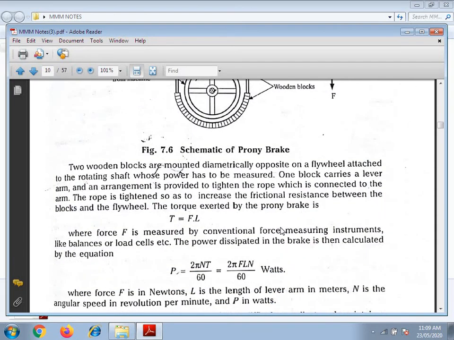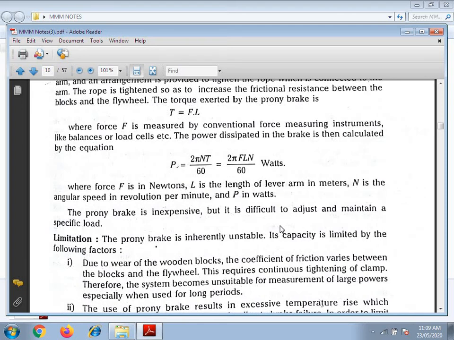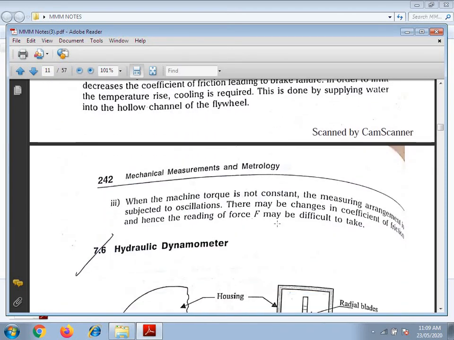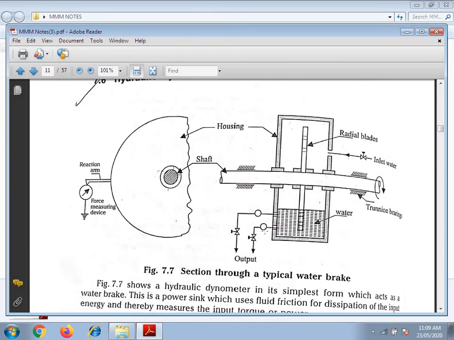One more dynamometer, the hydraulic dynamometer. Just see the hydraulic dynamometer. This is the housing. This is the shaft. And this one is a reaction arm, the force measuring system.